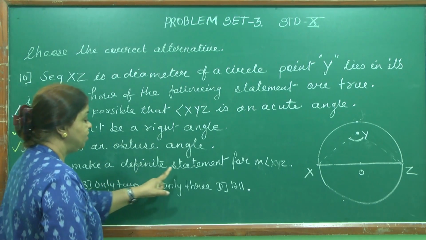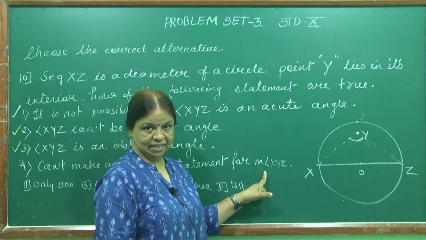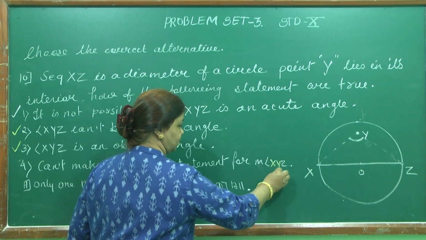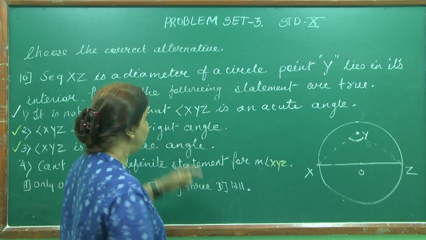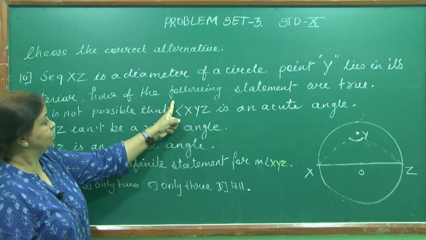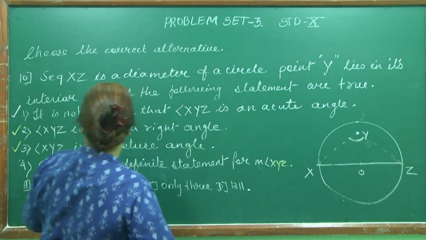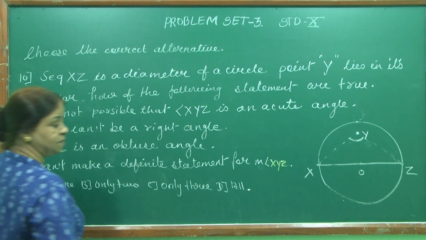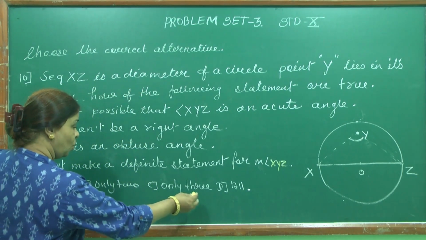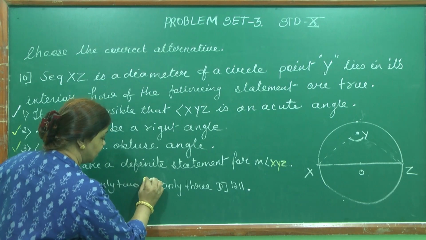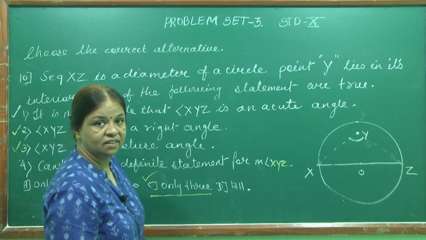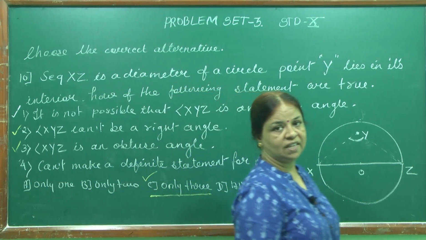Can't make a definite statement for angle XYZ. This is a wrong statement. So which are the correct points? How many statements are true? Statements 1, 2, 3 are true, children, and the option stating it is option C. Option C is the correct option for this answer.